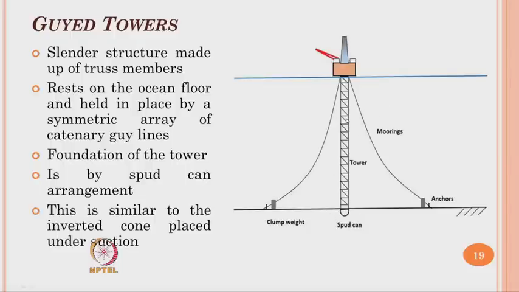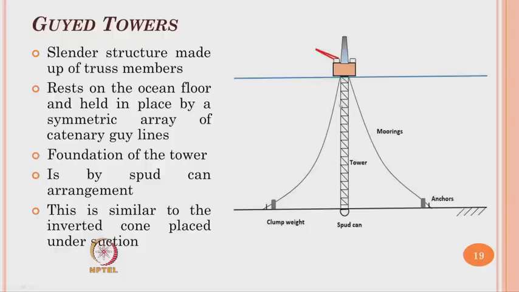If the tower oscillates to the right, because of the wave forces acting from the left, these guy wires will develop tension and restore the tower back to normalcy. In the vice versa condition, when the tower oscillates to the left, these guy wires will develop tension and bring the tower back to normalcy. Therefore, the restoration of the platform becomes very easy through alternate tension in these kinds of cables.